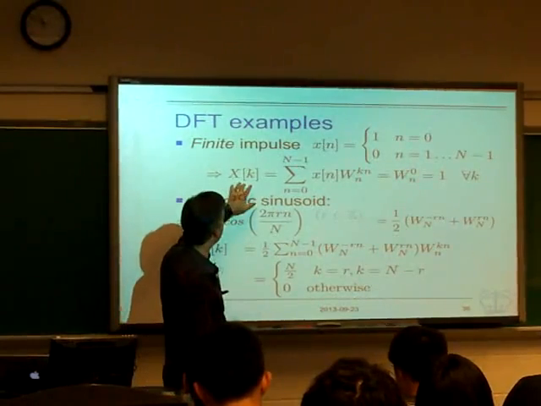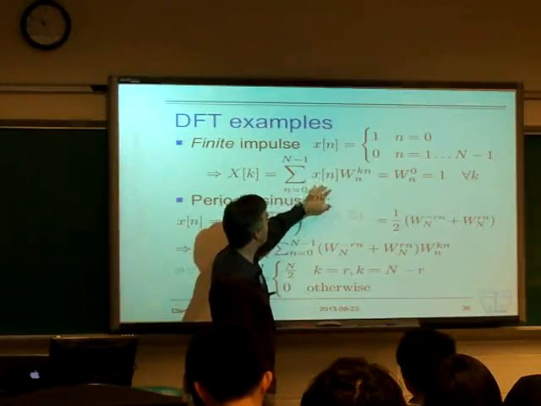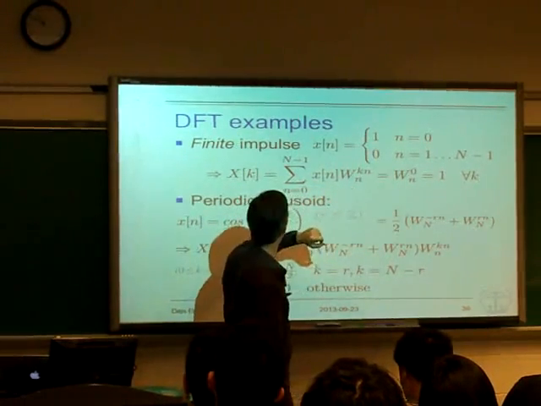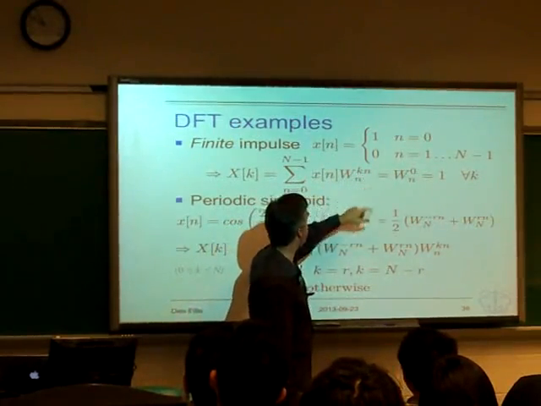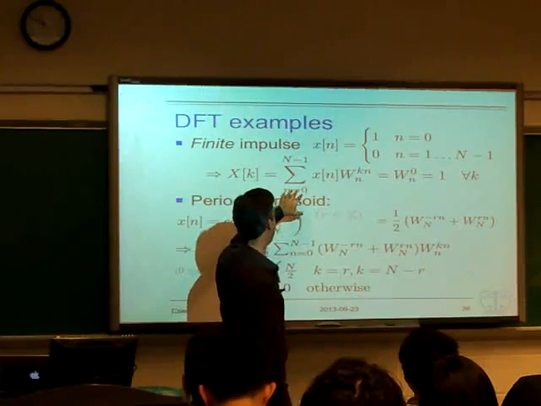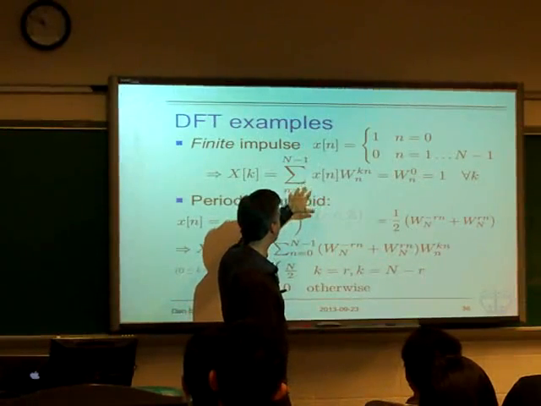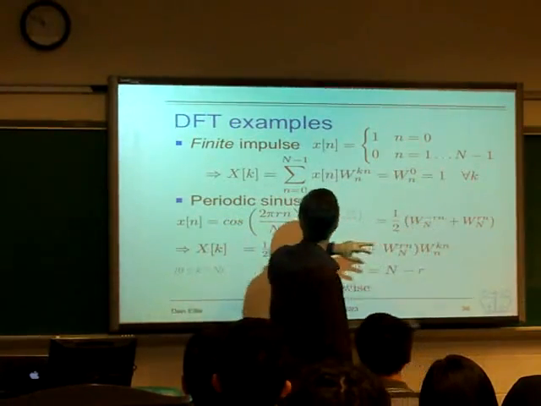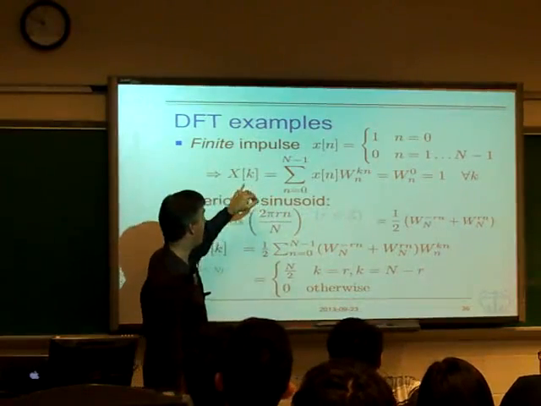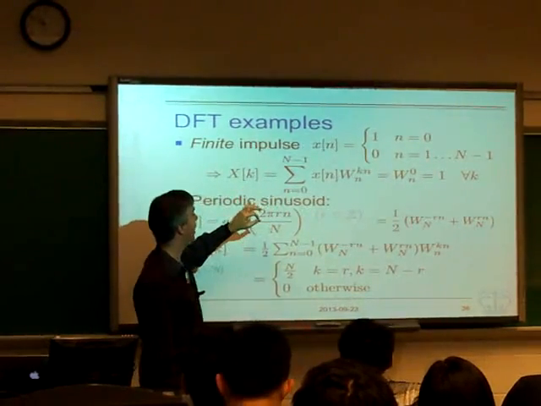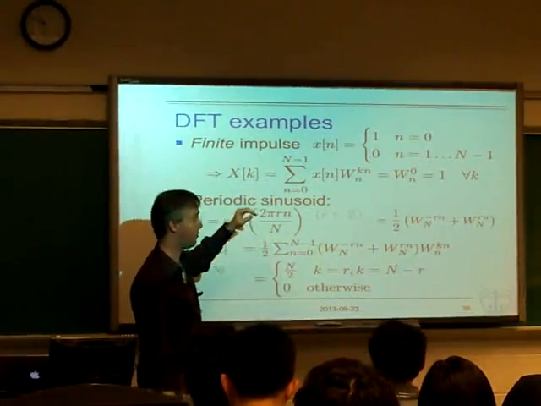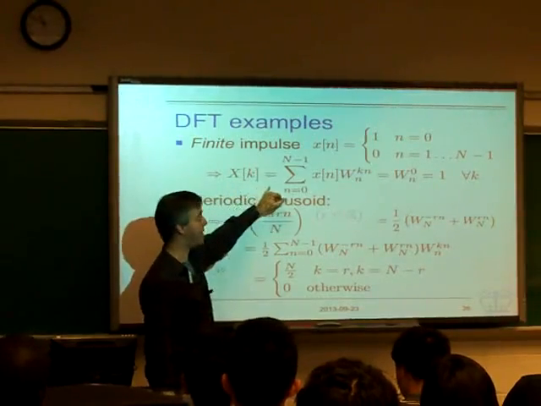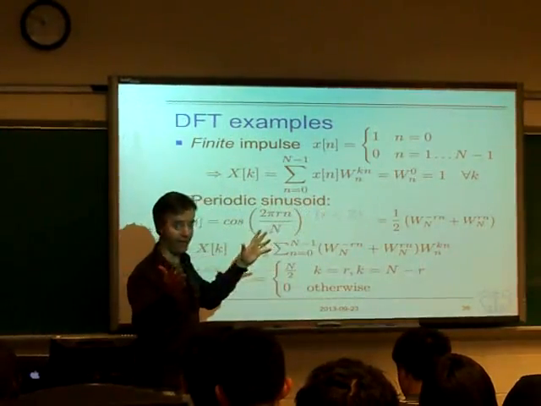Okay, so the DFT is the sum of x of n, w sub big N to the kn, sorry about that, which means that x of n is only non-zero for n equals 0, so it's w sub big N to the 0, which is 1. And so just as in the DTFT domain, the DTFT of an impulse was 1 for all frequencies, here the DFT of an impulse is 1 for all frequencies, which is only N different frequencies.